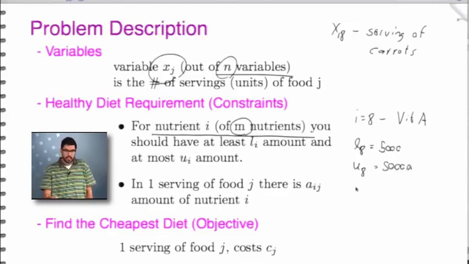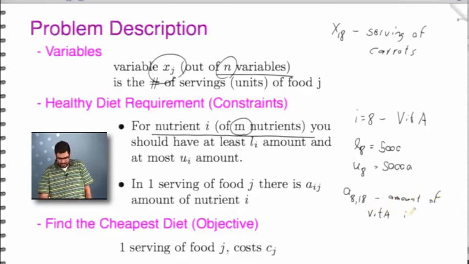So that's given in a list, as you saw, that big table, and I'm going to say that nutrient 8 for food 18, so A8,18 in that matrix, was equal to, I'll just define it, the amount of vitamin A in carrots, in a serving, I'll be specific, in a serving of carrots, raw carrots, as if you read it, okay?